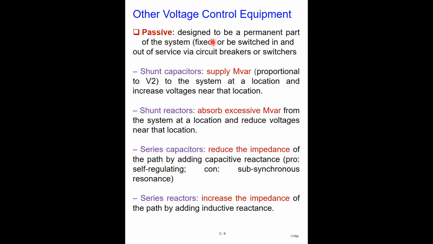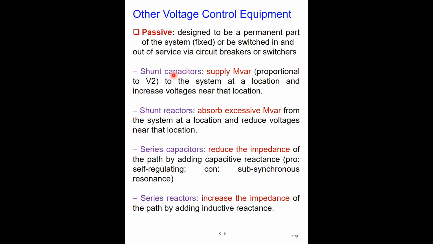But they can be either fixed or switchable, and it could be through a circuit breaker or switches here. So you may have these passive compensating devices either permanently connected to the bus, or they can be switchable depending upon need.